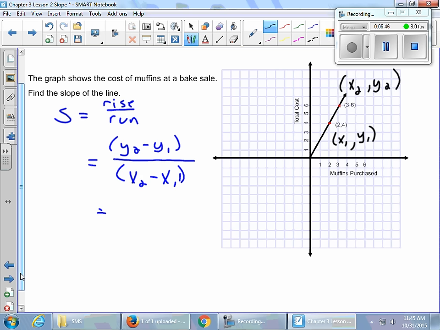Once you have labeled them correctly, you just plug them right into our formula. So our y2 is 6, so we're taking 6 minus our y1, which is 4, over our x2, which is 3, minus our x1, which is 2.